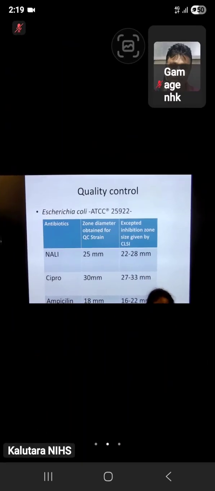Staphylococcus aureus. Yes, it is similar to your test. The same procedure you have to do for the control strains. You take a plate and inoculate the ATCC Staphylococcus aureus in the same way, then apply the discs which have been used for the test, similar antibiotics, and incubate.